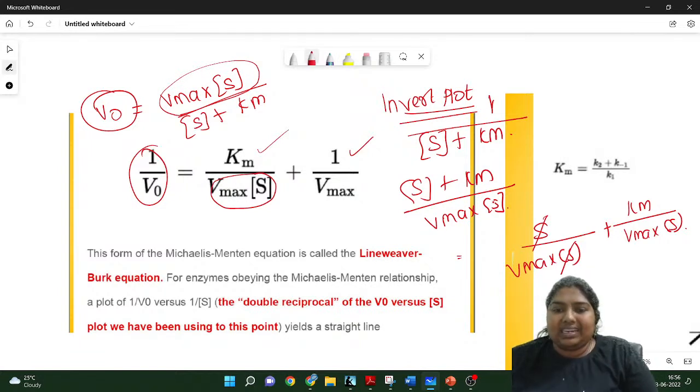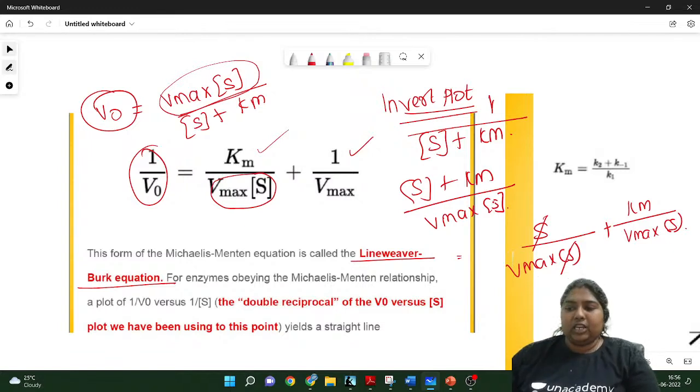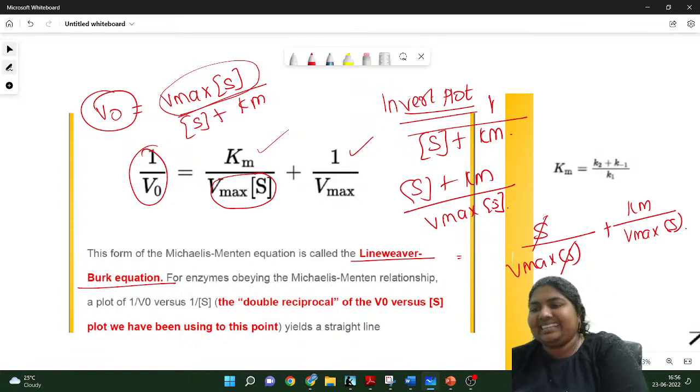This is what is called the Lineweaver-Burk equation. So the first equation you have to remember is V naught is equal to V max into S by S plus Km. The second equation is the inverse plot, 1 by V naught, which means the reverse: S plus Km comes on top and V max into S goes to the bottom.